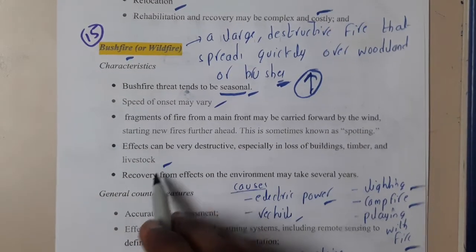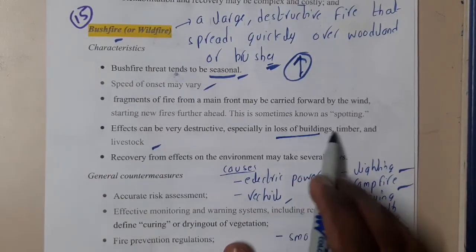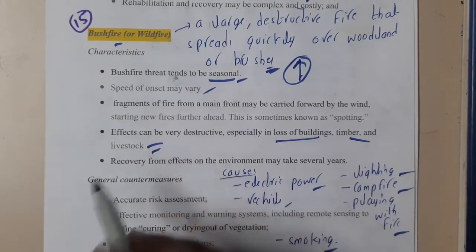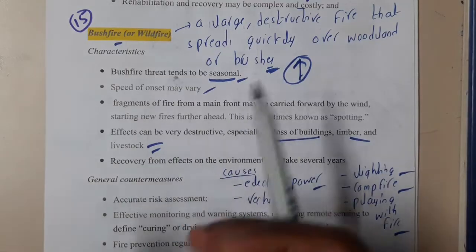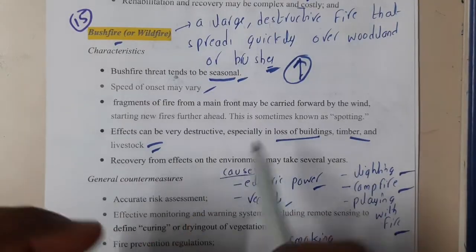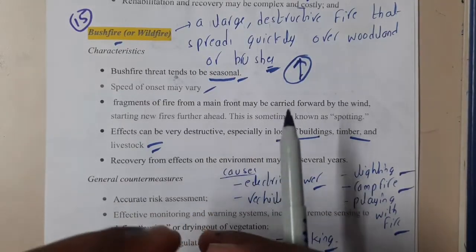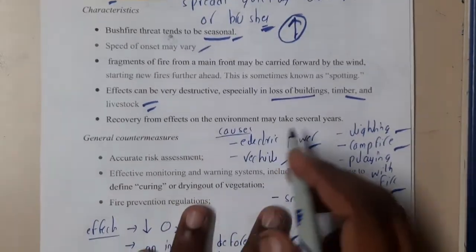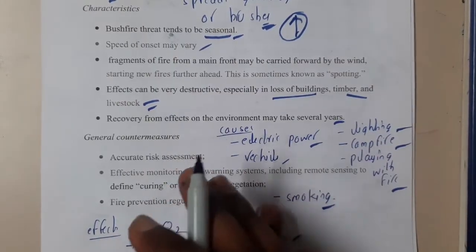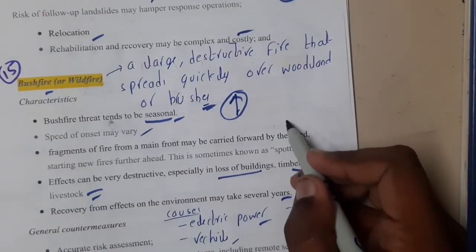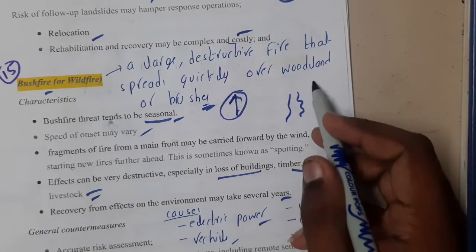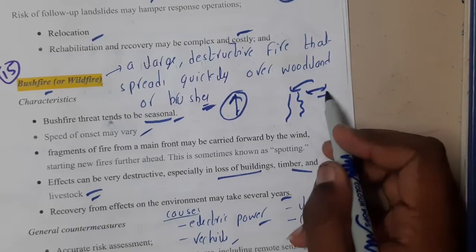Similarly, it could affect multiple things, guys, like loss of buildings, timber and livestock. If there are any birds or species of birds, a few of them will also die. I'm not saying everyone, a few of them will die, right? Yes. Recovery from these things will take several years, guys. A few trees will be there for hundreds of years, right?